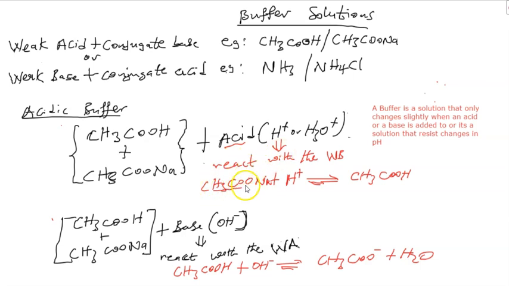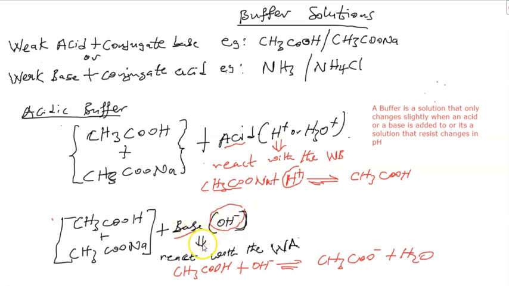So the sodium ethanoate will react with any incoming acid to form ethanoic acid. In doing so, there won't be additional buildup of H plus in the system, which would cause the pH to drop.